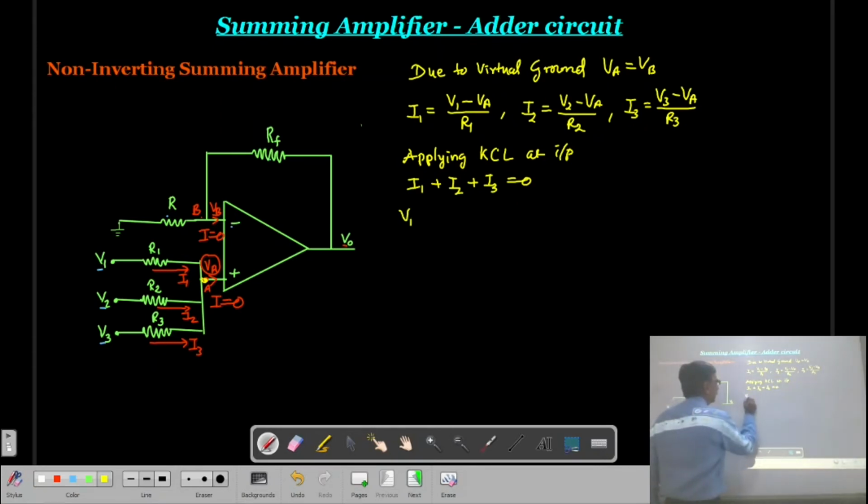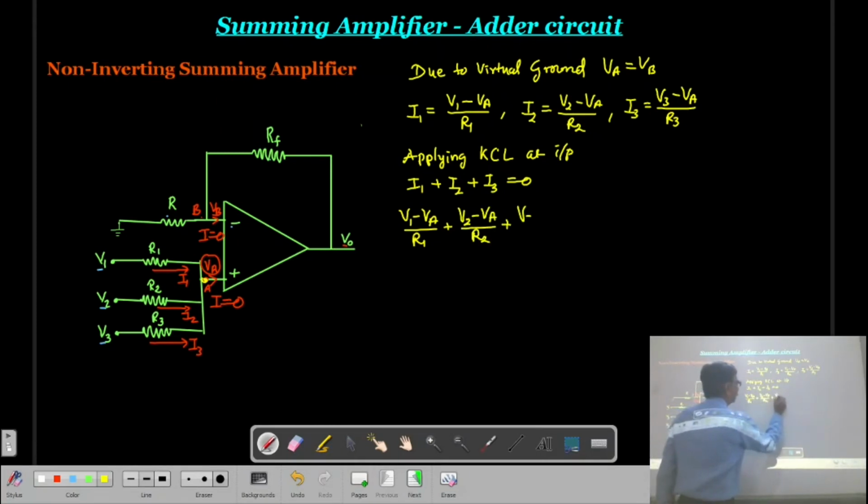So we have V1 minus VA by R1 plus V2 minus VA by R2 plus V3 minus VA by R3, and that is equal to 0.